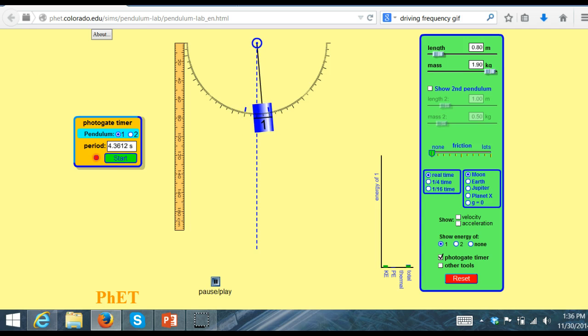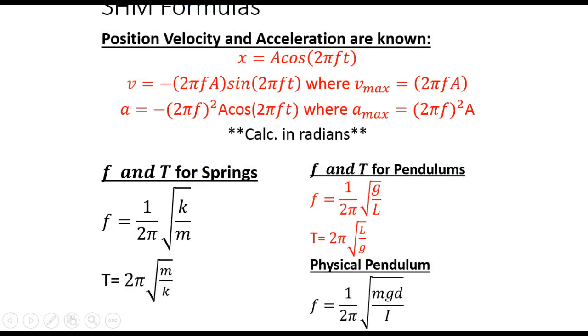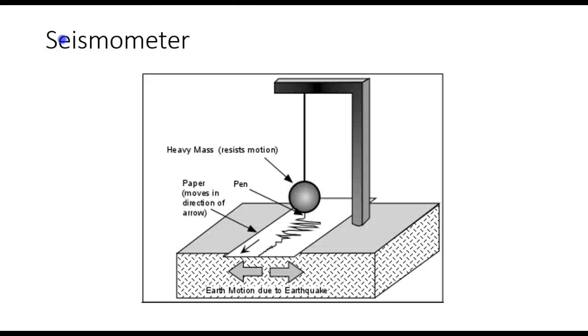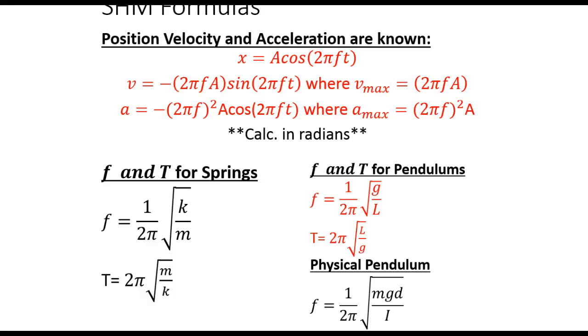When we take that and we look at your simple harmonic motion formulas for a pendulum, we can talk about the position that pendulum is in terms of its frequency and the given time that that pendulum has been swinging.